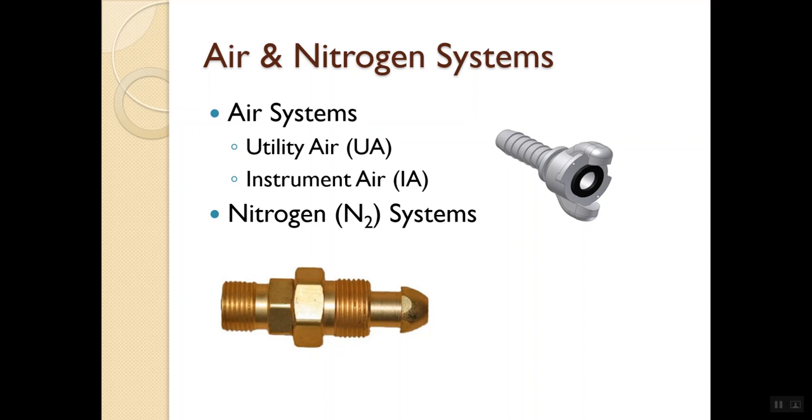The tolerances inside these instruments, inside these control valves, are very, very tight, and any types of corrosion that gets into those would mess those instruments up. So it needs to be clean, dry air.